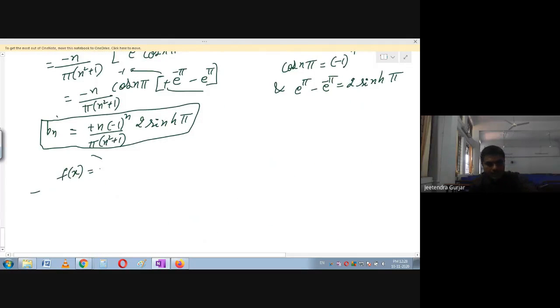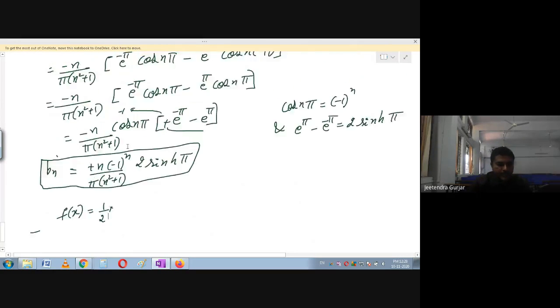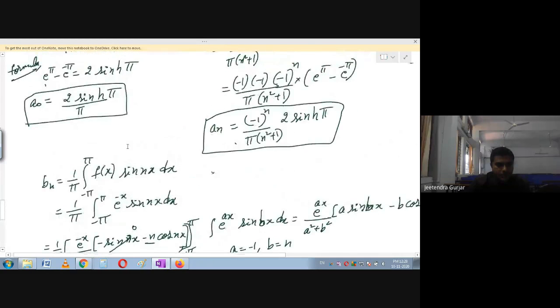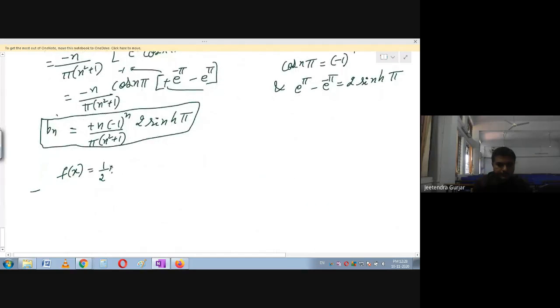So I will take the constant outside, so I will just write 1 upon 2 outside. A naught I am going to substitute here. What is the value? 2 sinh pi upon pi, you will get plus. Next, this is summation n 1 to infinity.